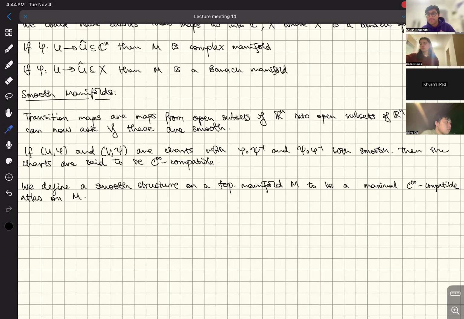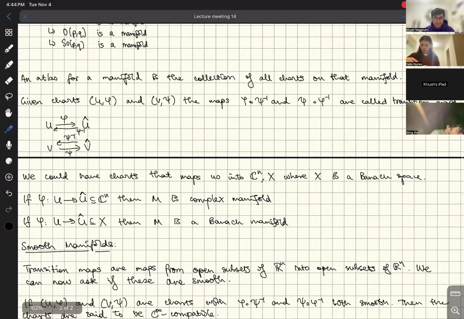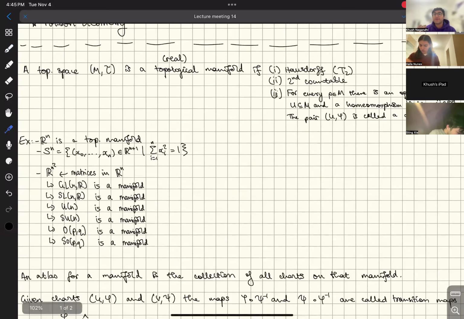One can actually now show that this maximal C infinity compatible atlas is completely determined by one atlas that is below it. In the case of Rn, you can pick one map and you can get a smooth structure. A smooth structure is determined by this one map.